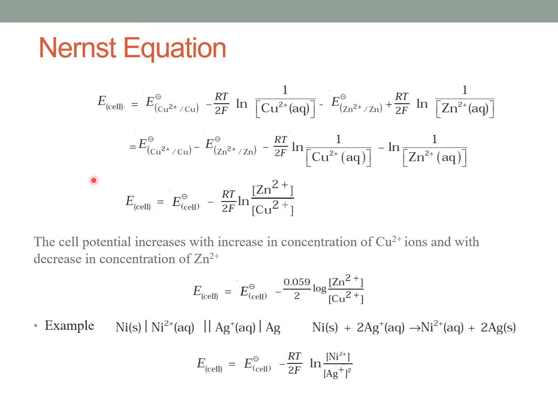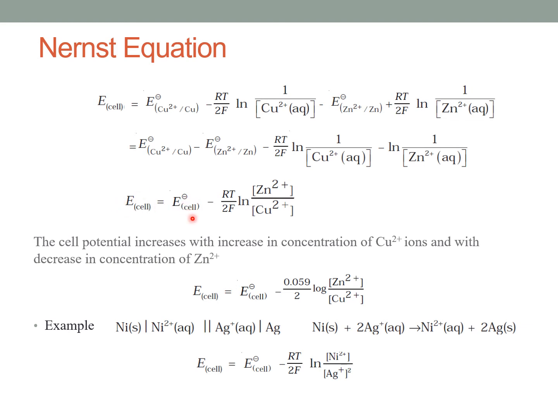So now the E cell becomes the standard reduction potential of the cell minus RT by 2 of Ln zinc 2 plus by copper 2 plus. This is because log A minus log B is equivalent to log A by B, so zinc 2 plus goes to the top, and copper 2 plus is at the bottom.